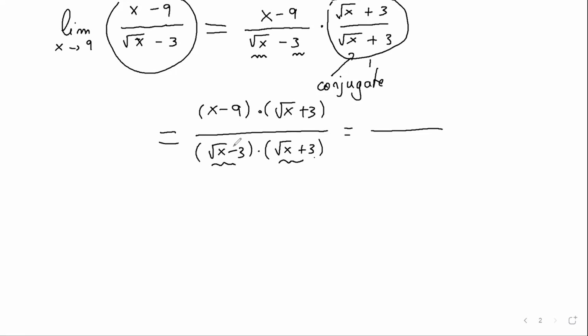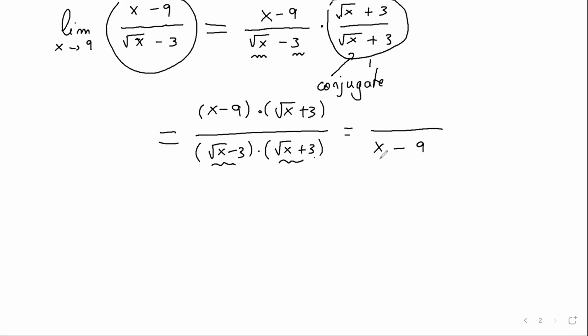So I get the square of the first entry minus the square of the second entry, which in this case, because it's square root squared, is just x. And over here, minus 3 squared, which is minus 9. That's going to be our formula. Is that good, folks? It's very important to remember that this product will end up being x minus 9.